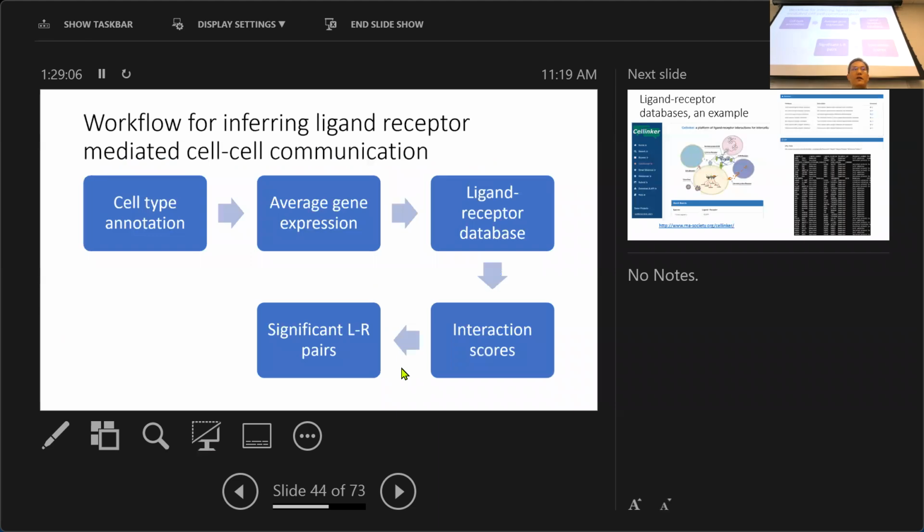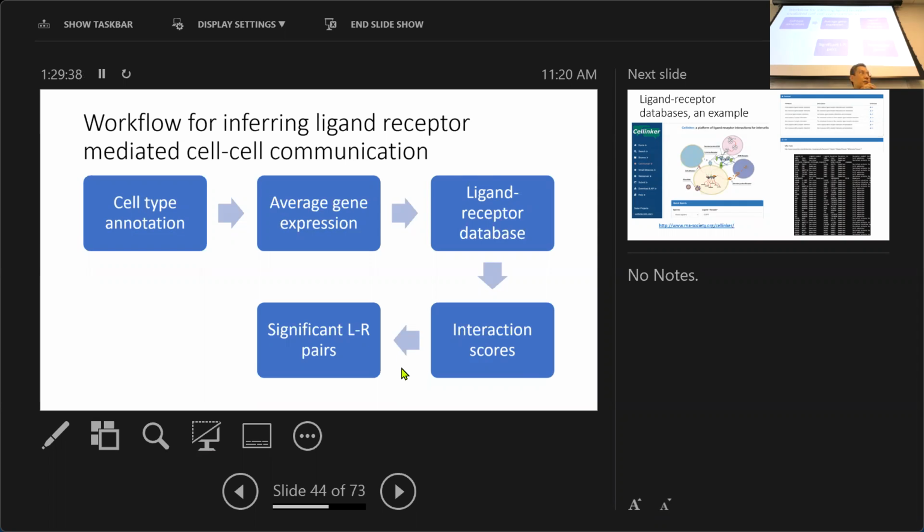The general pipeline looks like this. You first do the regular things: you have QC, you have clustering, and you have cell type annotation, because you want to study the communications between different cell types. So you need to define the cell type you want to use as a source to deliver the ligand and the cell type you want to use as a target with the receptor.